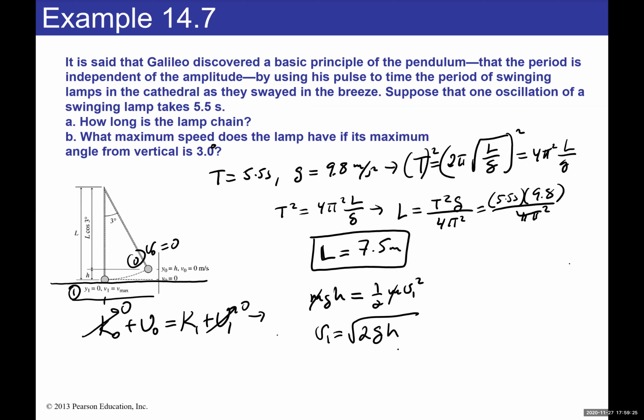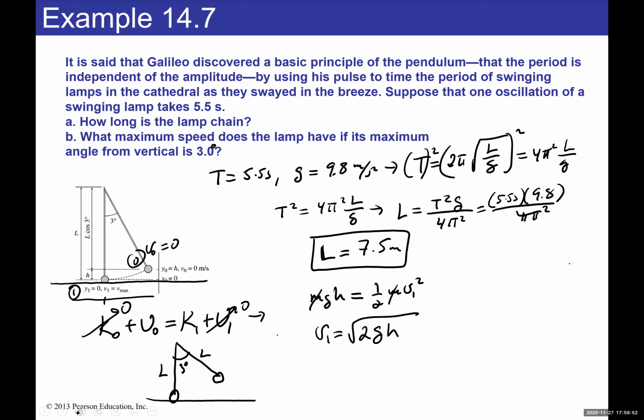Now, the question is, what is h? How high is point 0 relative to point 1? Well, when the system was at the bottom, point 1, it now moves 3 degrees in this direction. That means this angle is 3 degrees. So this is the length, and this is the length, right?